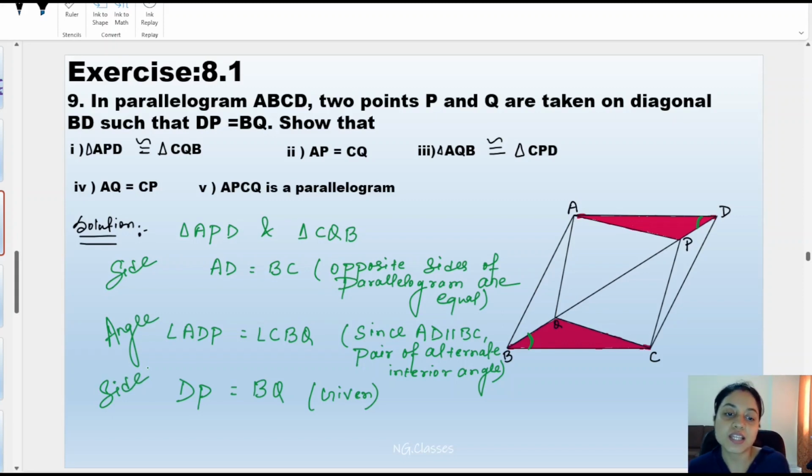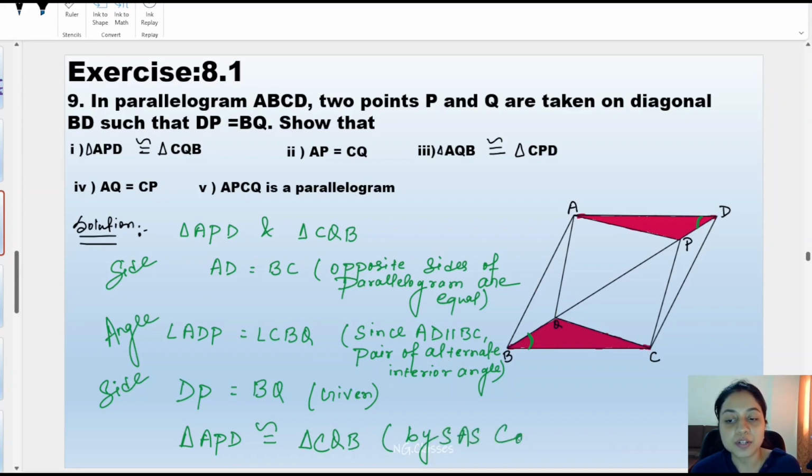And hence we can say that triangle APD must be congruent with triangle CQB by side angle side congruence rule. So we have shown the first part.